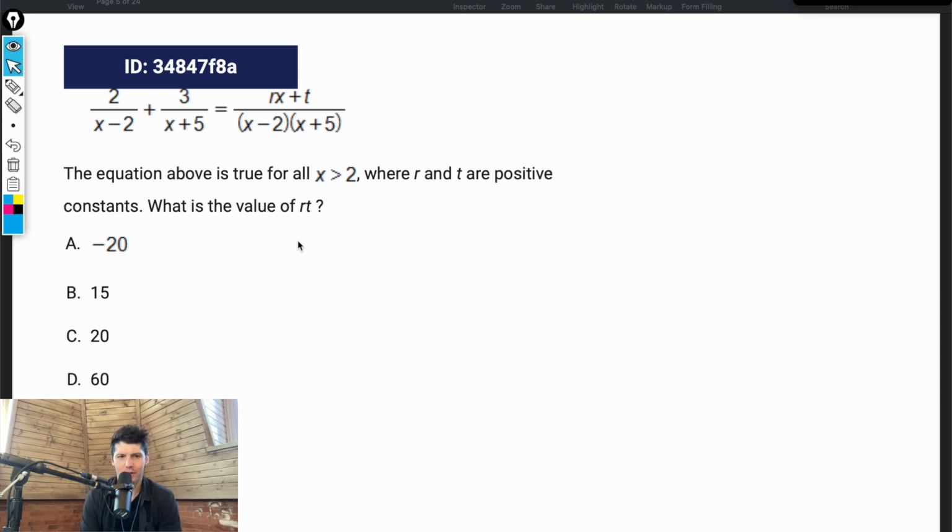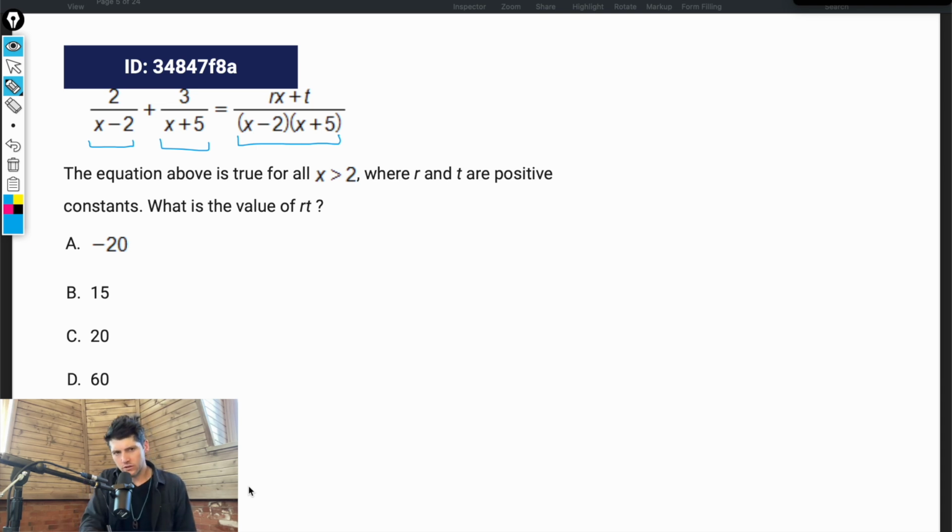If you wanted to, you could pick numbers here. It would be quite tedious, and I don't want to do that. What I'm recognizing right away is that in order to add these two fractions on the left side, we'll need a common denominator, and that common denominator is our denominator on the right side. So we might as well just work with that in mind.